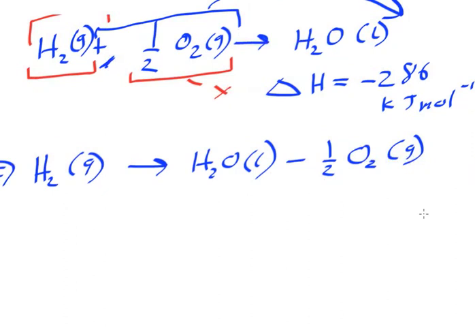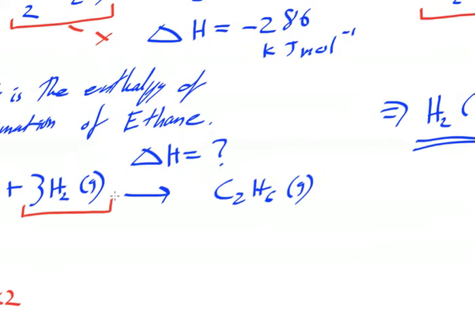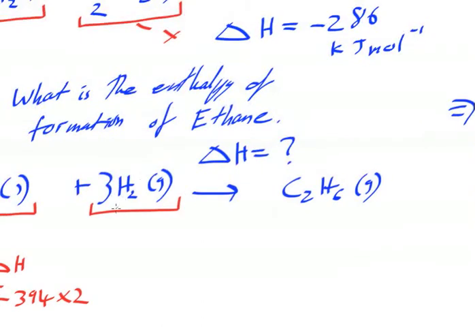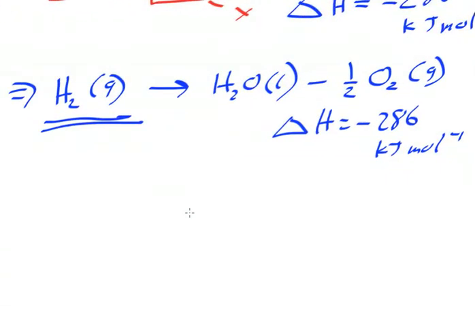Okay, but the delta H doesn't change. Delta H stays as minus 286 kilojoules per mole. But one of these H2s isn't enough. In my question over here, I've got 3 of them. So let's get the 3 into the equation. I'm going to multiply everything by 3.